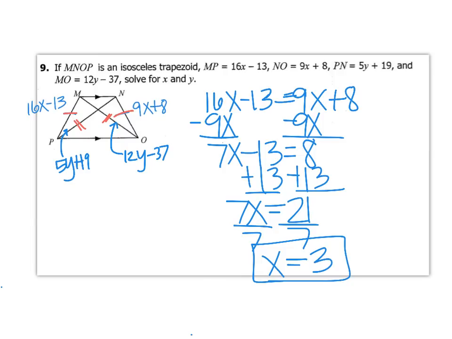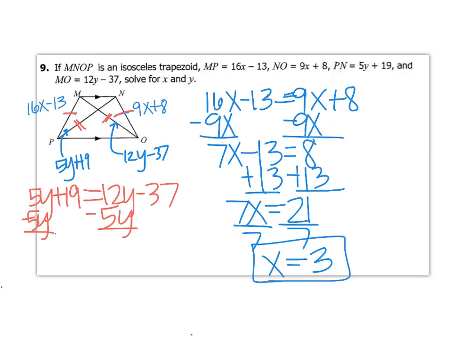Now to solve for y, our diagonals are congruent. We're given both of our diagonals, so let's set them equal to each other. We're going to say 5y plus 19 equals 12y minus 37. Move all our y's to one side. 19 equals 7y minus 37.